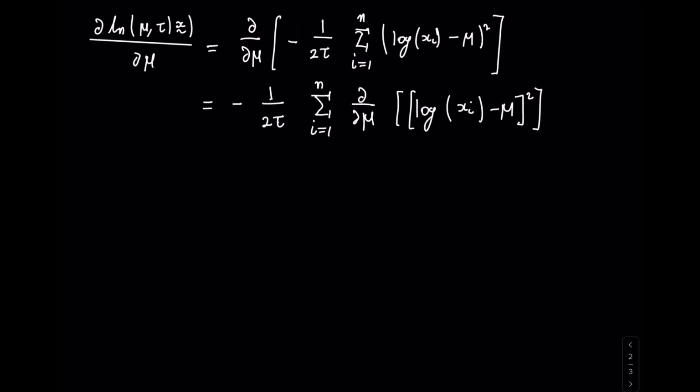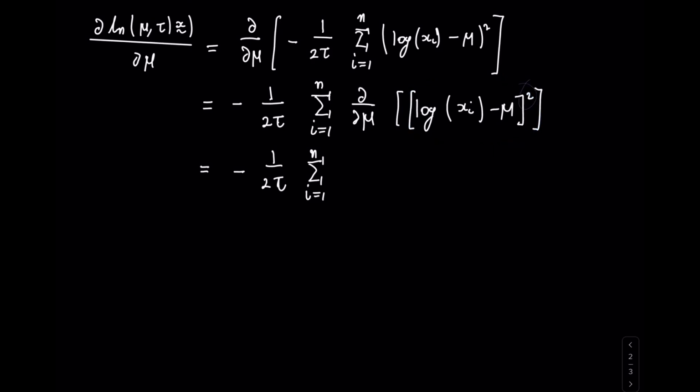So now that we've got that step, we've still got our negative 1 on 2 tau and our summation of i equals 1 to n. Now we can take derivatives with respect to this function here. The first point to note is that we have a function inside of a function, which happens to be a polynomial.